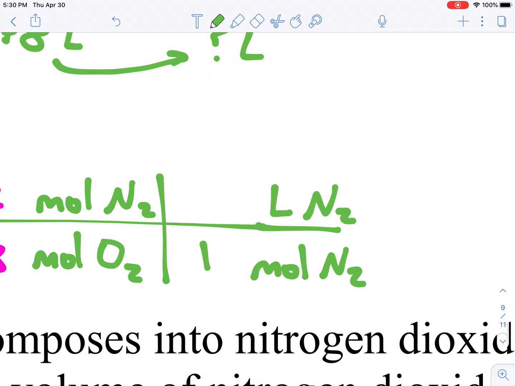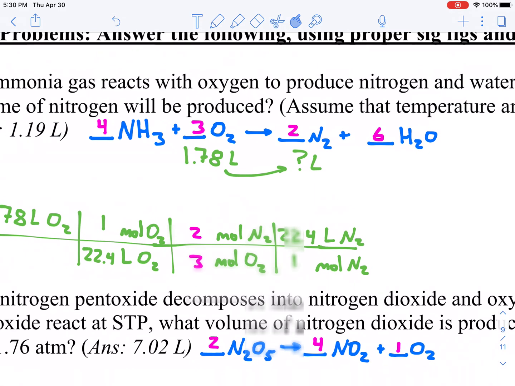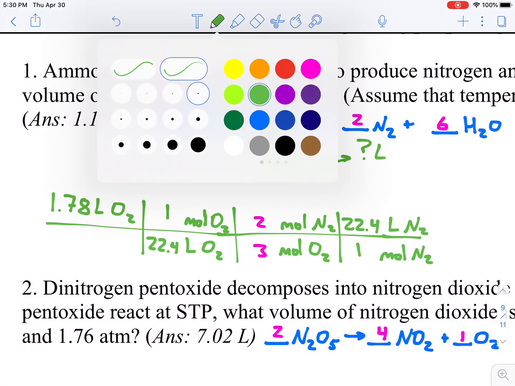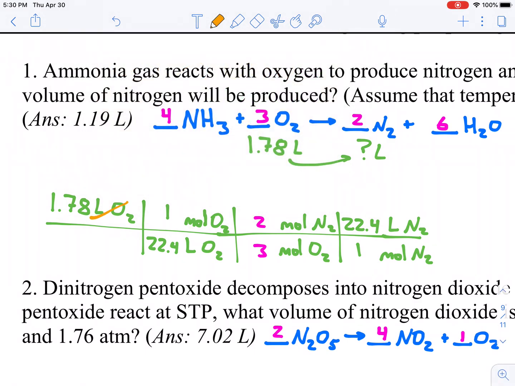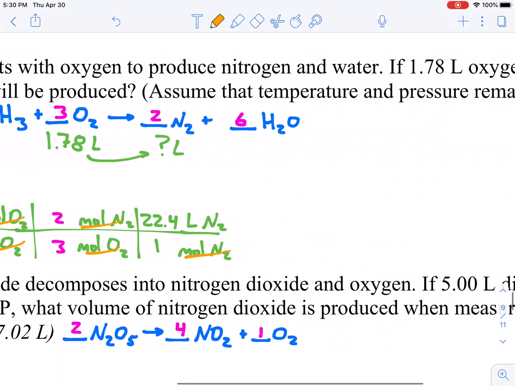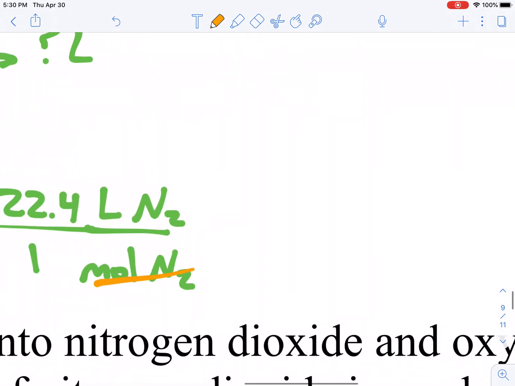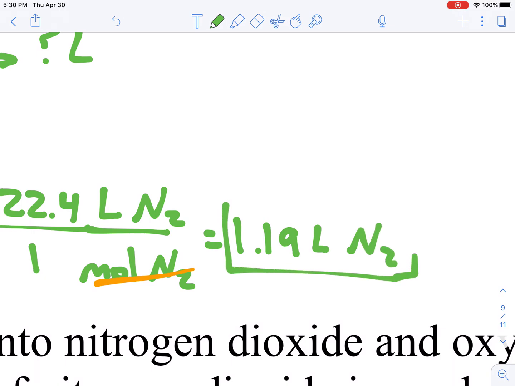We know that 1 mole of any gas occupies 22.4 liters. So when you've done it that way, you'll notice that liters of oxygen cancel, moles of oxygen cancel, moles of nitrogen cancel. And at the end of the day, when you solve this, you will end up with, to sig figs, 1.19 liters of N2.